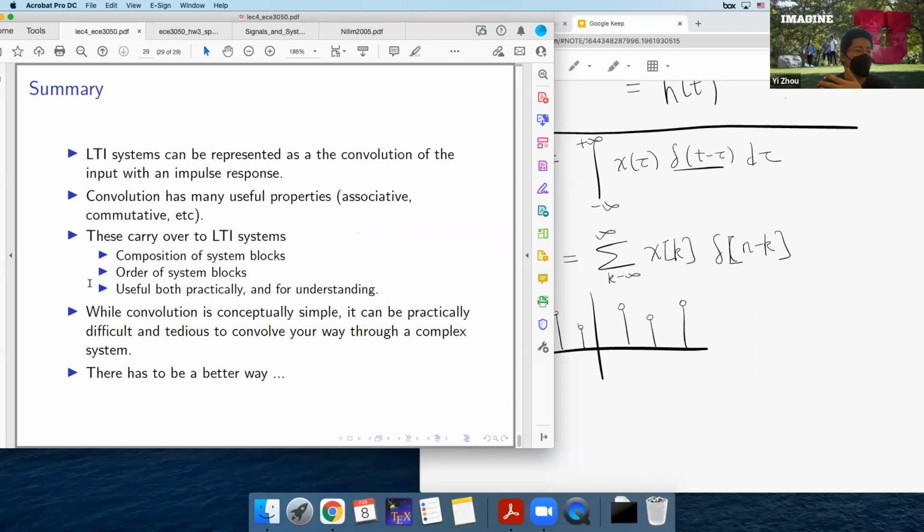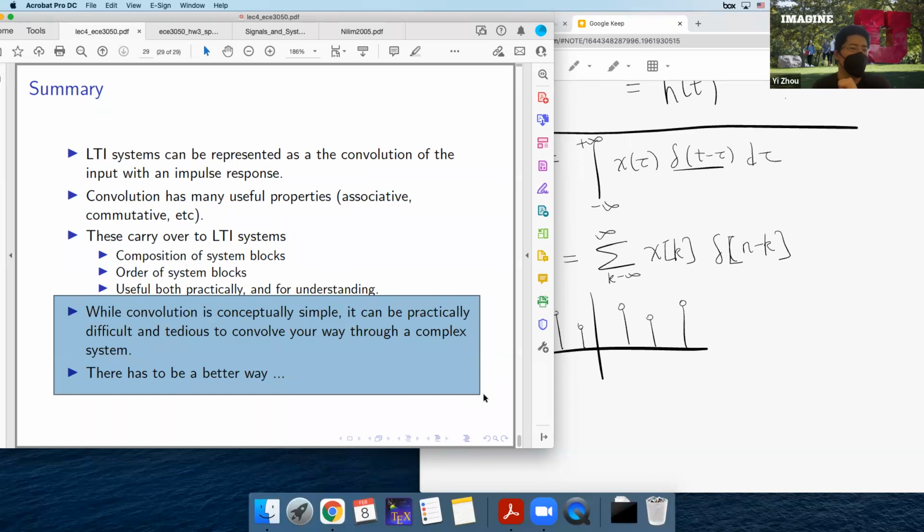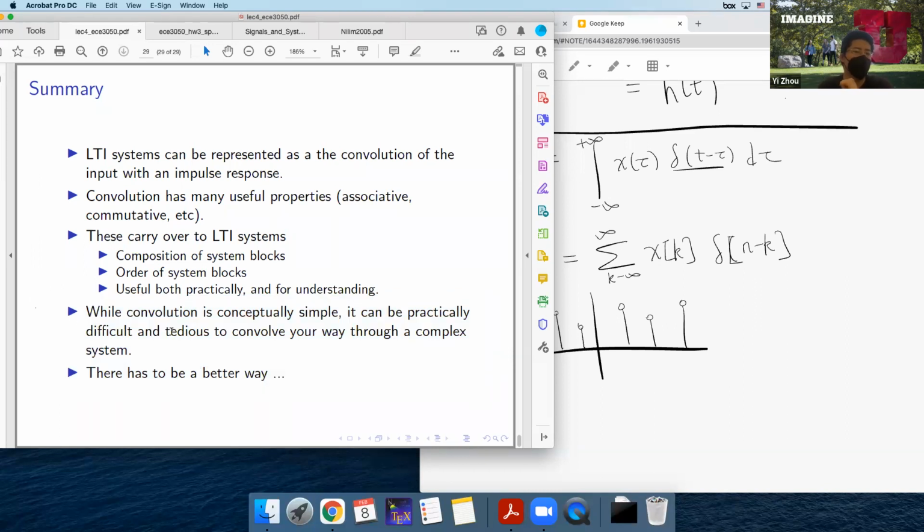And we have worked with many examples to see how to do the convolution by hand for continuous time and discrete time convolutions. To motivate the next lecture, which we will start after the midterm, one observation is that while convolution is conceptually simple, we derived it following the linearity and time invariance of the system.